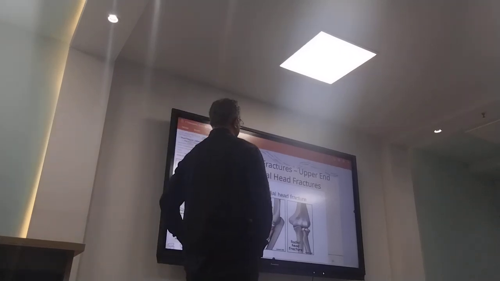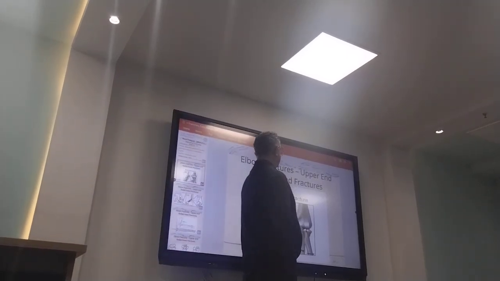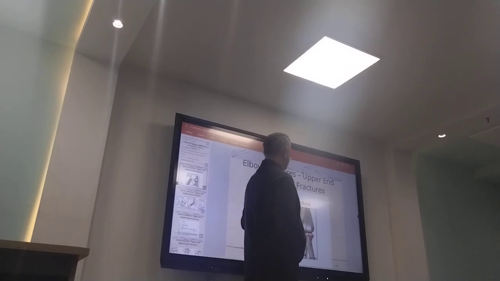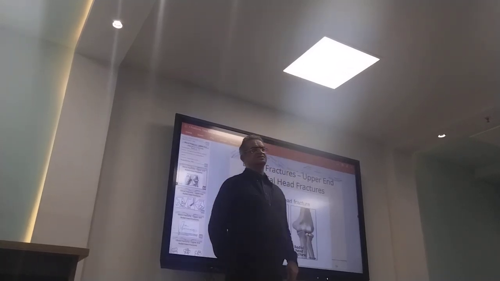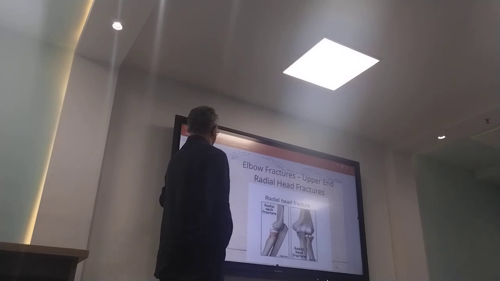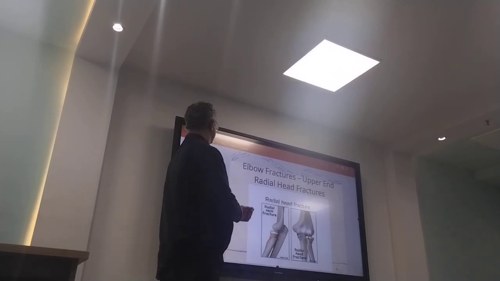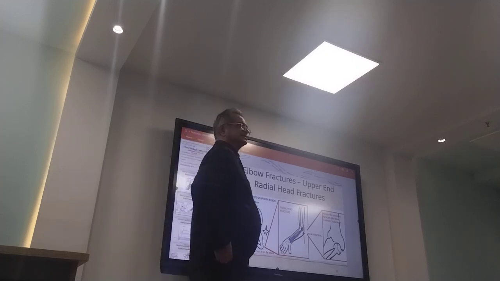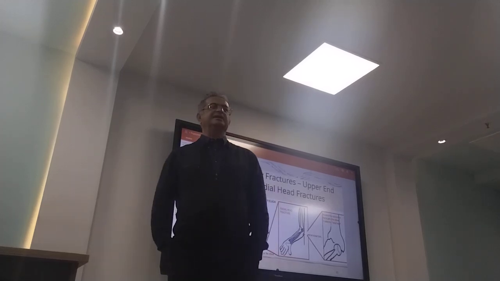I started to talk about the head of the ulna and also the head of the radius, about the fractures that may happen for these parts of the body. I told you the mechanism of the fracture mostly happens because of a sliding.